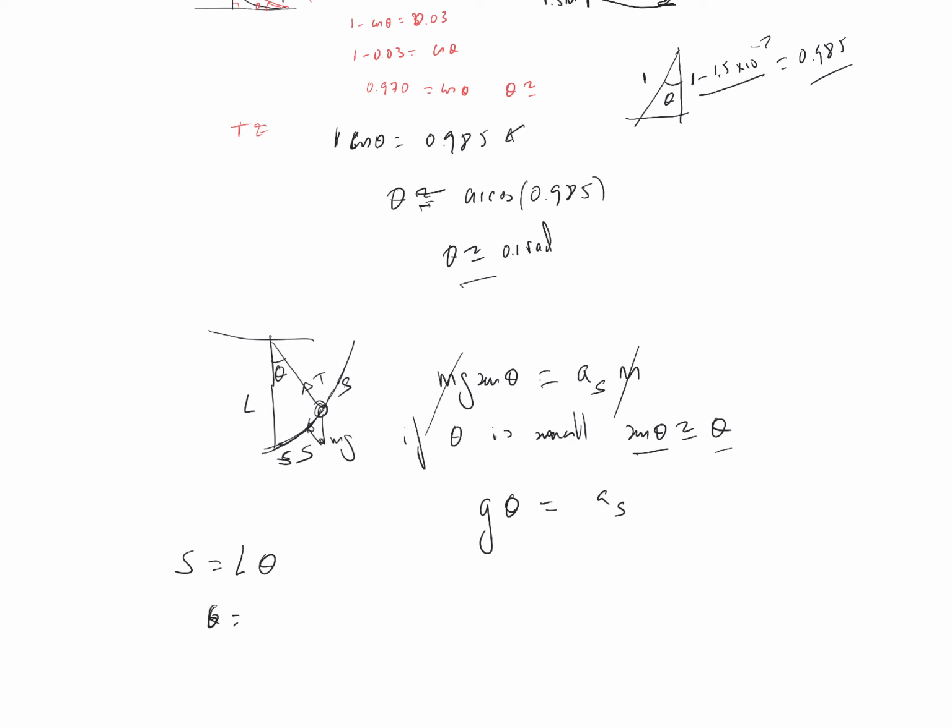So theta is S divided by L. So I will put it here: g times theta becomes g times S divided by L. Now there is a minus sign here, because the acceleration is going in the negative direction relative to theta. Theta is positive going in this direction, and the acceleration is going in this direction, the negative direction. So the real equation is this one, with a minus g.